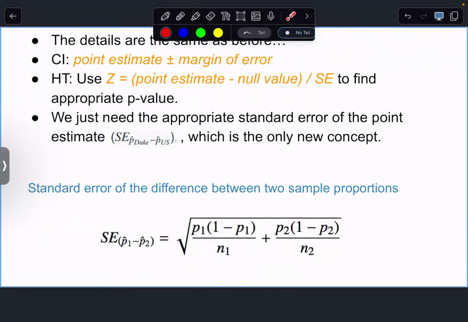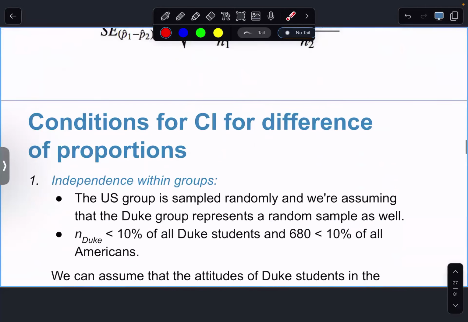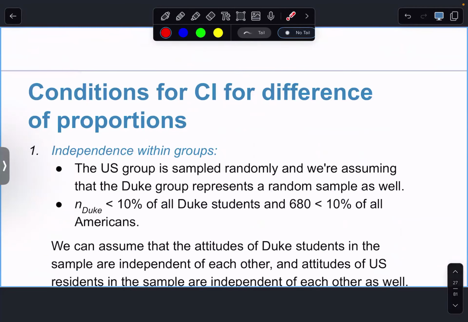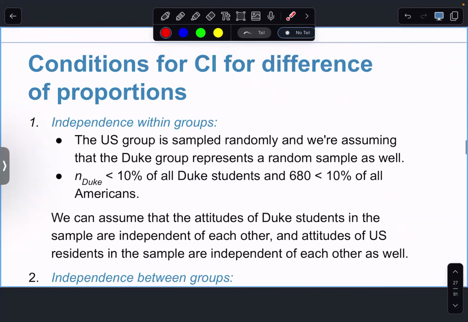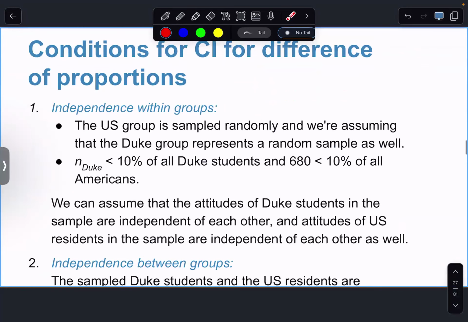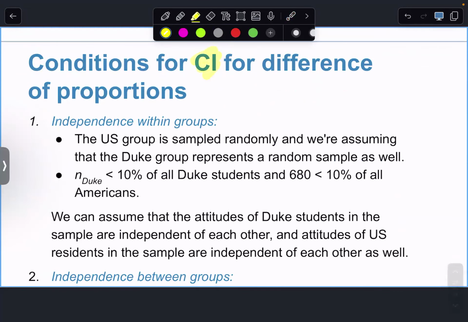Now we've already seen it, so that's why I'm skipping through it. We've also seen the conditions, but in this case for a confidence interval. How we would argue independence within groups is that the US group is sampled randomly because it's the GSS, so we assume they know what they're doing.